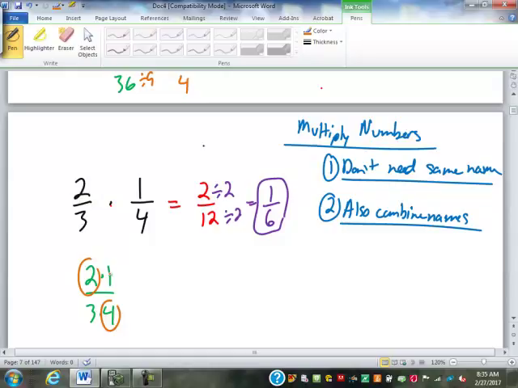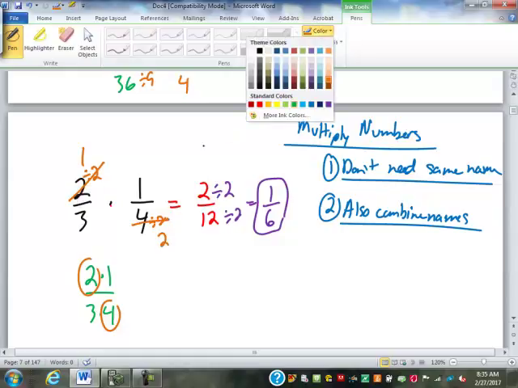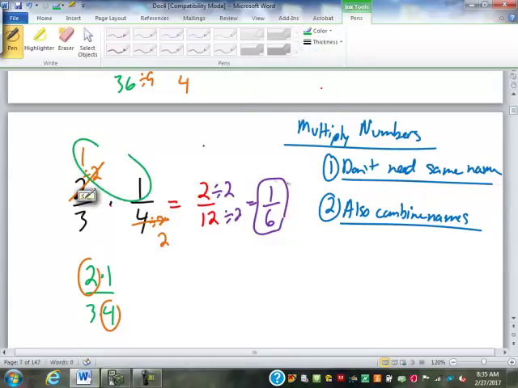So before we multiply, we can cross cancel or reduce by common factors. So 2 divided by 2 is 1. 4 divided by 2 is 2. And now when we multiply, we have 1 times 1 is 1, and 3 times 2 is 6. So we reduced before we multiplied.